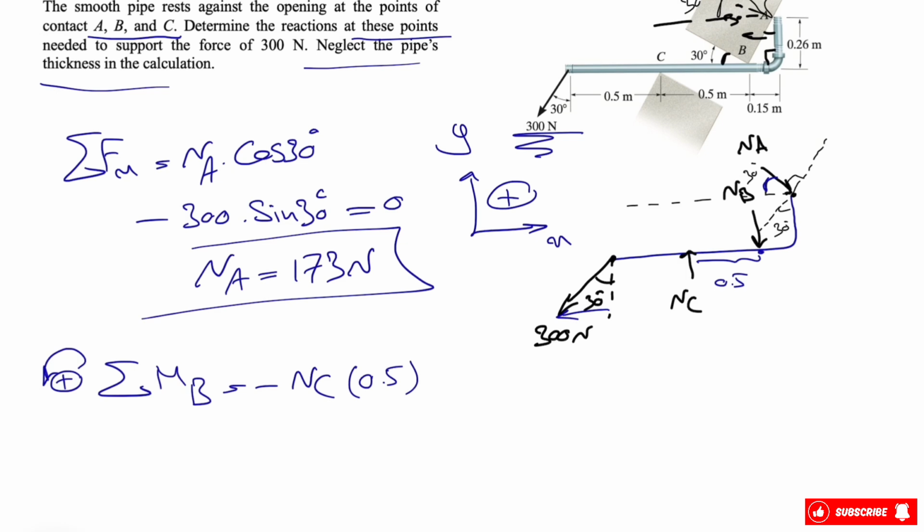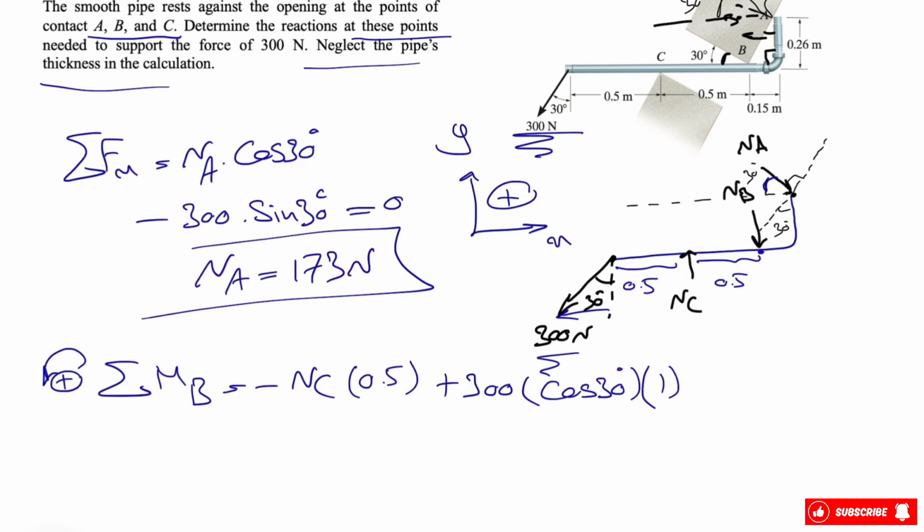Now we have the moment of the 300 Newton force, but this time only the Y component makes a moment, which will be 300 cosine of 30 degrees, and the distance will be 0.5 plus 0.5, which is 1. And we have to break down NA into X and Y components, then we can find the moment of NA. We already found NA, we know it's 173 Newton.